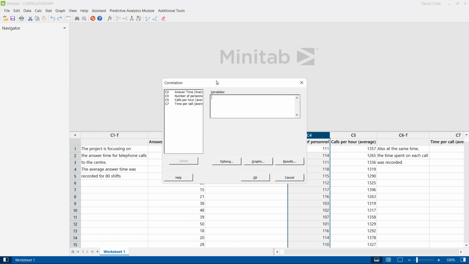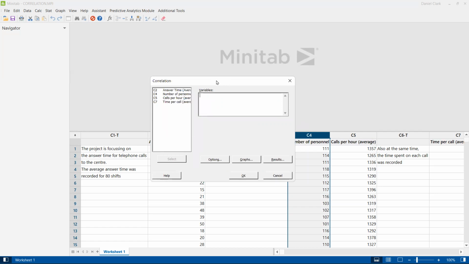What I've told you before is that Minitab is usually asking for the Y, the output, first, and then the X. This is one place where it's reversed. It actually works better if you put the X, the input, in first, and then the Y. So what I'm asking is whether the answer time is affected by the number of personnel working. So number of personnel is my X, the answer time is my Y.